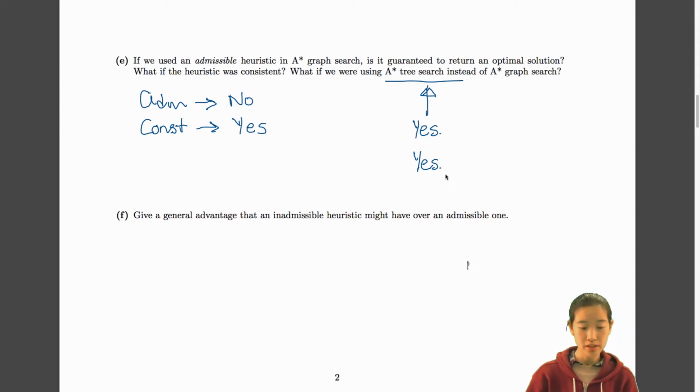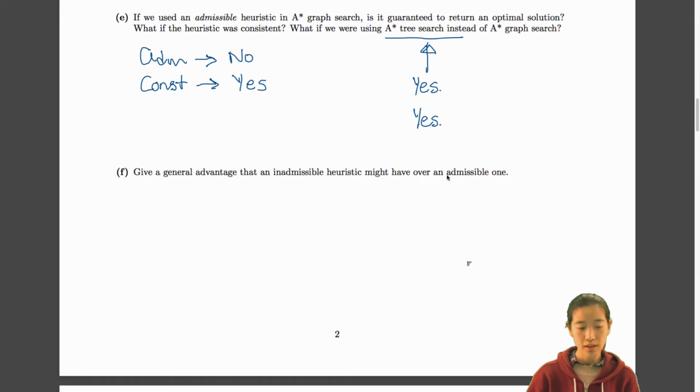Okay, so moving on to the last part, it asks us, is there ever an advantage to using a potentially inadmissible heuristic over having an admissible one? So now we need to think of why we would potentially want admissible heuristics. A-star attempts to use heuristics to decrease the number of nodes that it evaluates, so that will save us time.